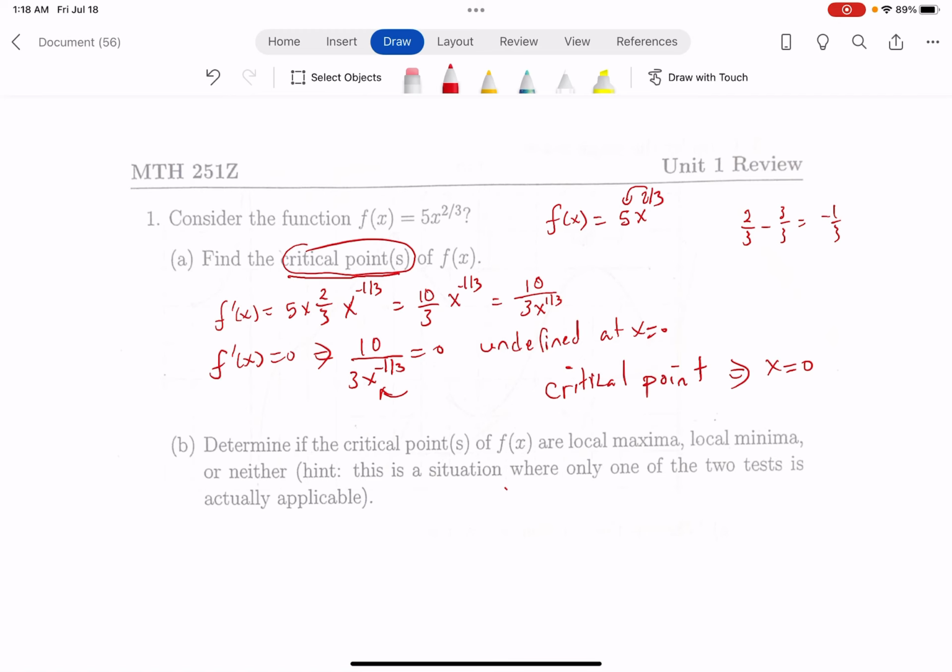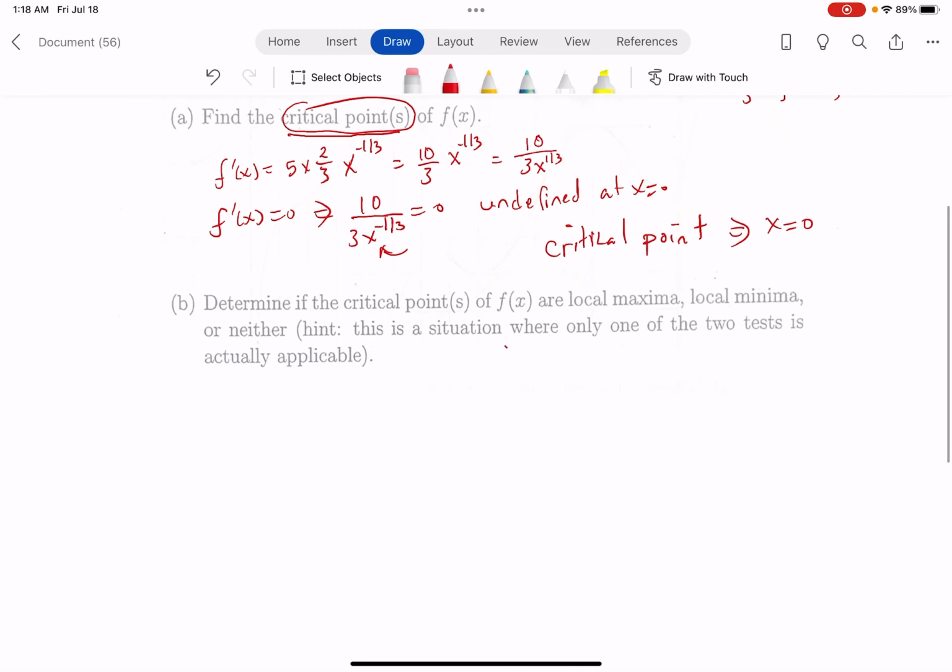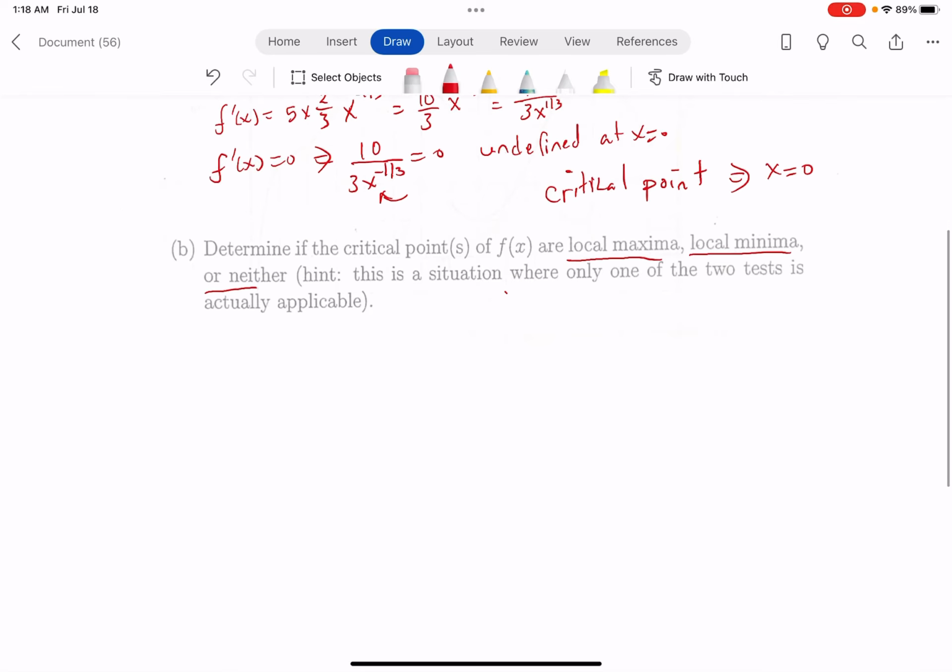Now, determine if the critical point of f(x) is a local maximum, local minimum, or neither. Hence, this is a situation where only one of the two tests is actually applicable. Okay, let's use the first derivative to determine that.